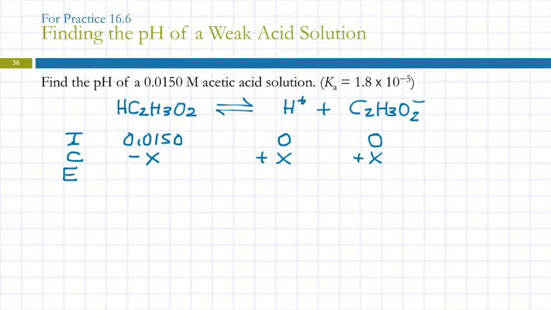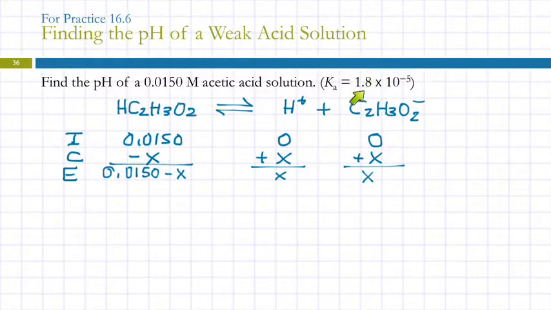Which tells us that at equilibrium, we're going to have 0.0150 minus X. The concentration of hydrogen is X, and the concentration of acetate is X. Everybody with me?